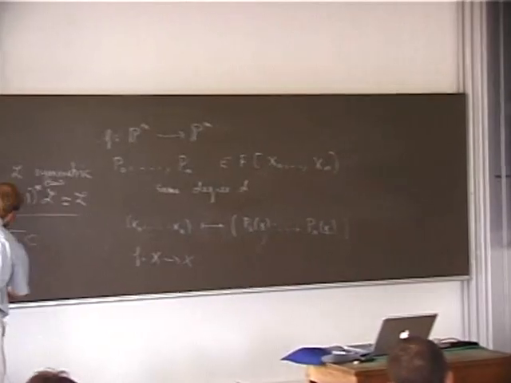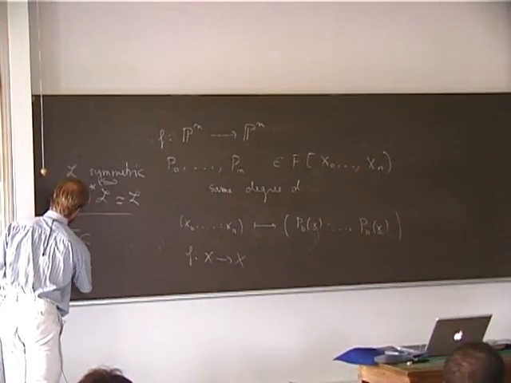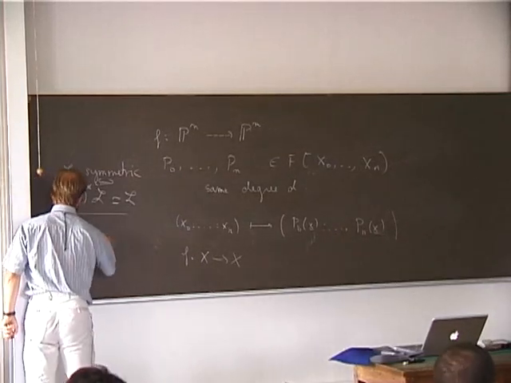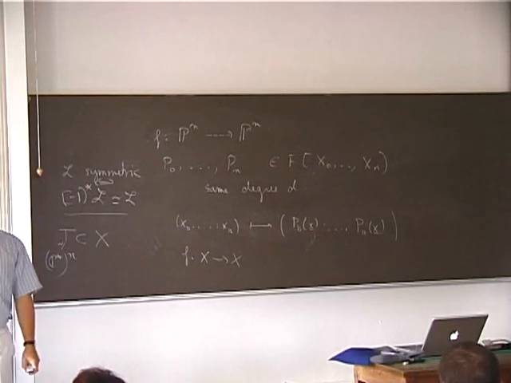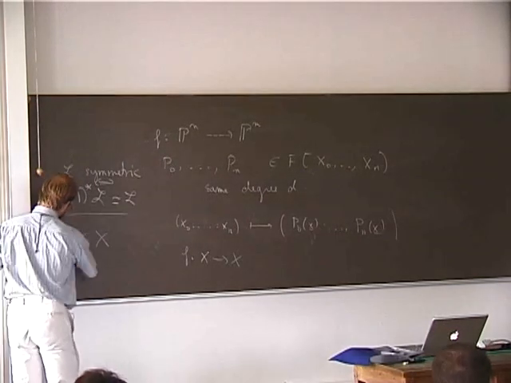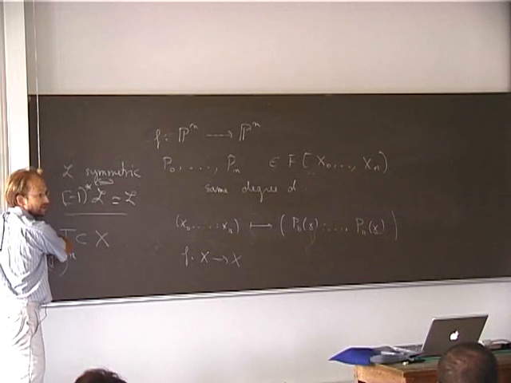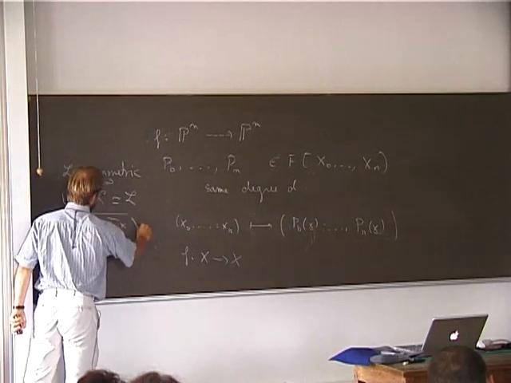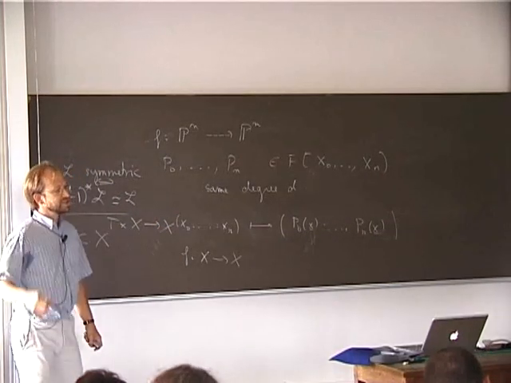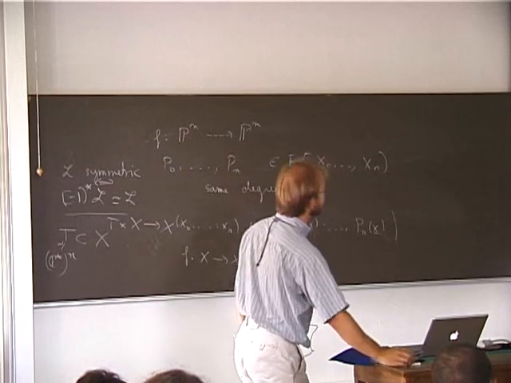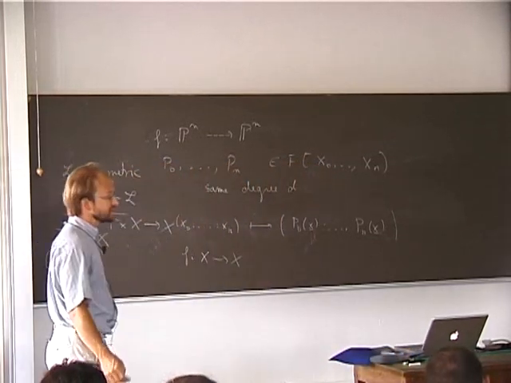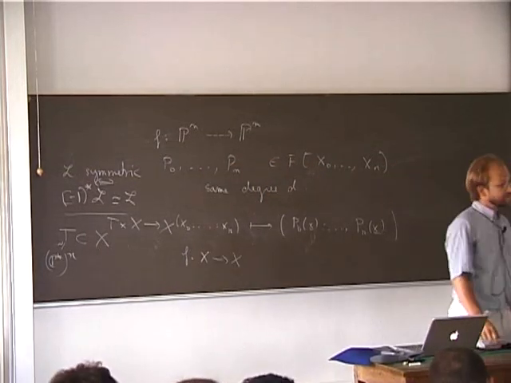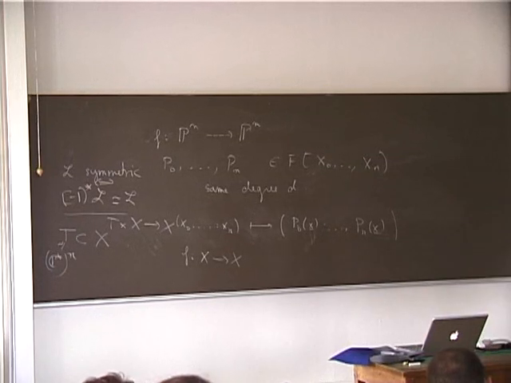A torus is something like C star to some power, let's say N. I consider compactifications of the torus, so X is a projective variety such that the multiplication map on T, which is a map from T cross T to T, extends to a map from T cross X to X. So these are very interesting varieties that can be described by combinatorics, and they can give you many choices of dynamical systems.